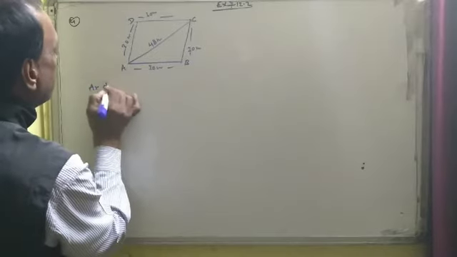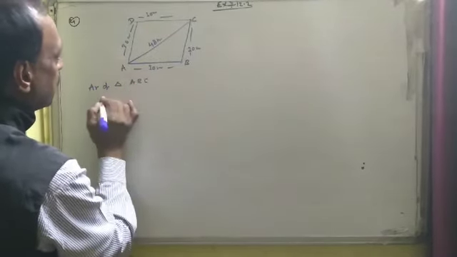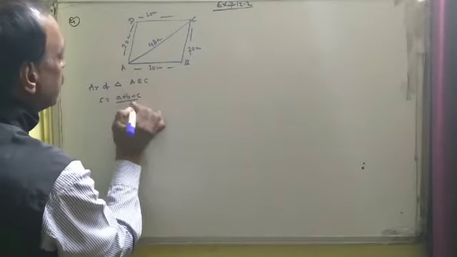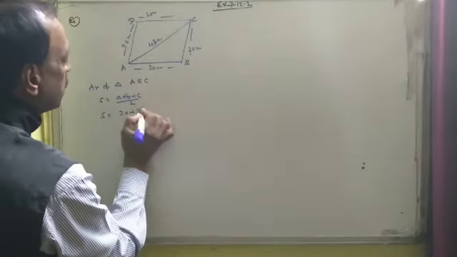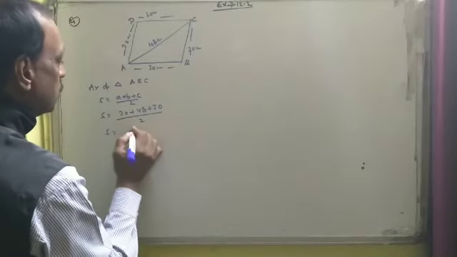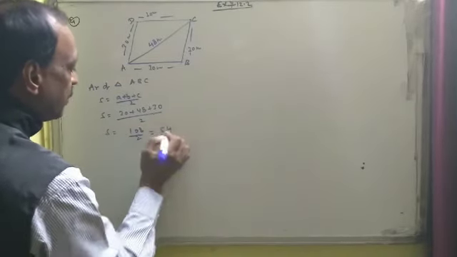तो सबसे पहले निकालें एरिया ऑफ ट्रायंगल ABC, S equal to A plus B plus C by 2. So S equal to 30 plus 48 plus 30 by 2. S equal to 108 by 2, and that is 54.